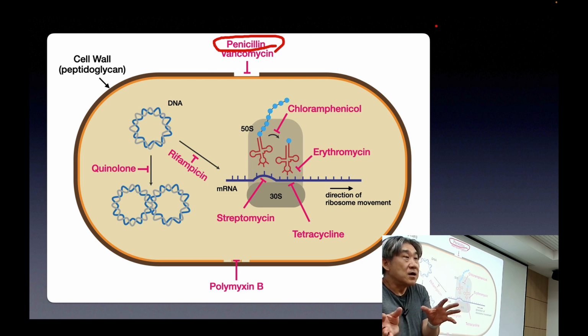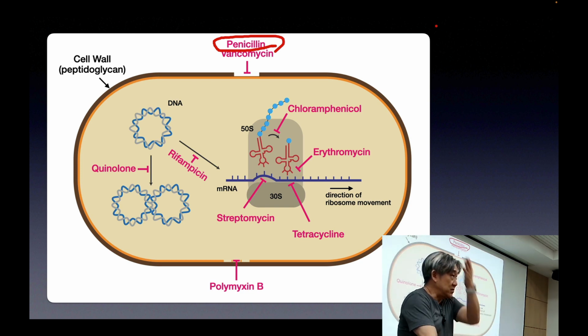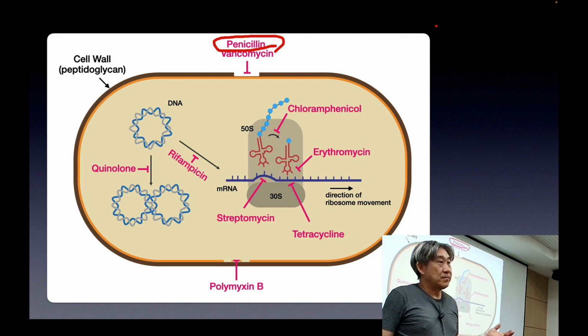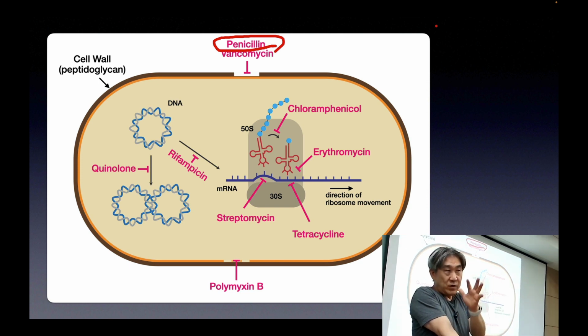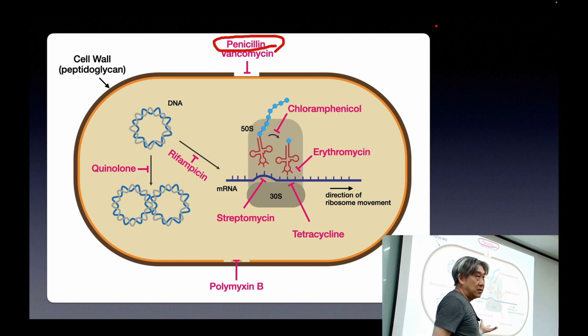So the only thing that could save your life was to cut it off. But once you have this strong ammunition of antibiotics, you don't really worry. So you can efficiently kill the infecting bacteria.